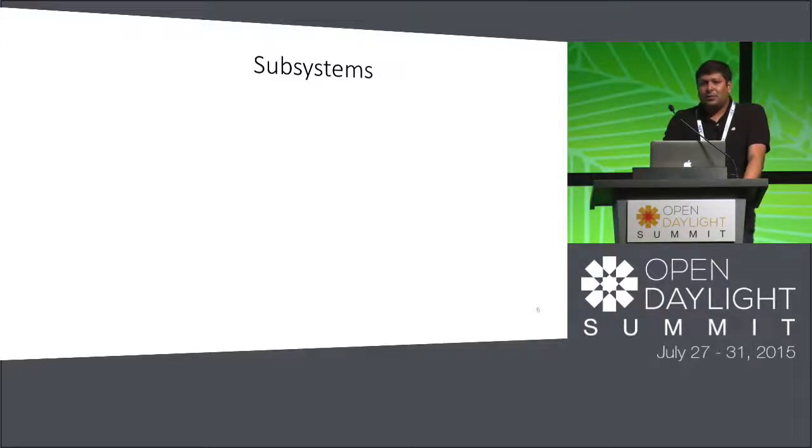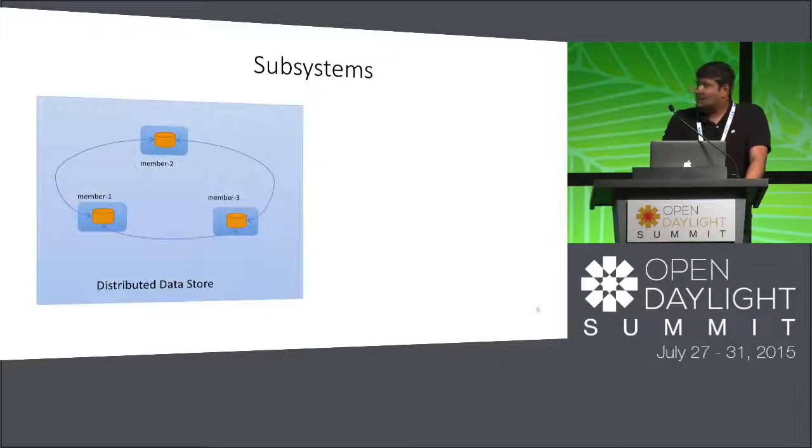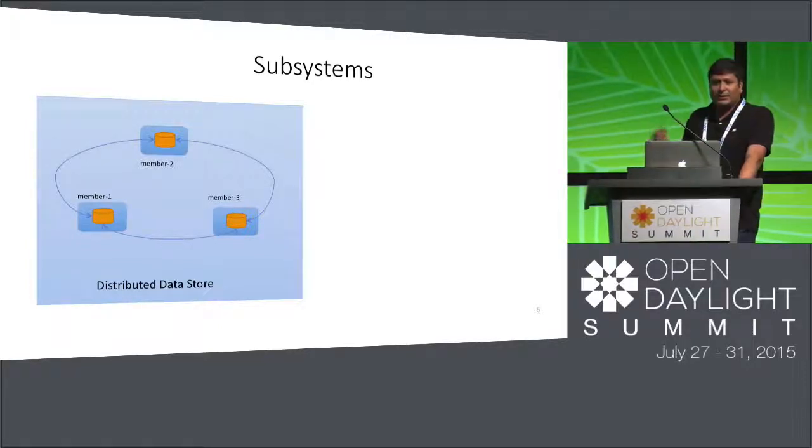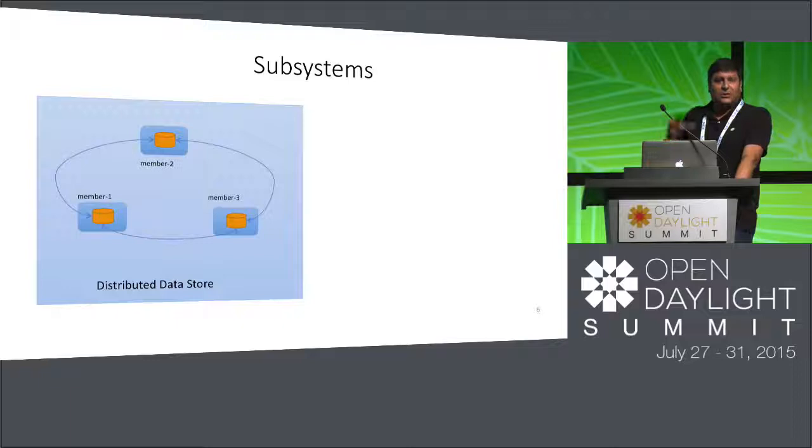We have implemented two things in our clustering implementation. The first one is the Datastore. The idea behind the Datastore implementation is that you allow for high availability and scalability, where you have various members talking to each other, distributing the data, and somehow that works with the same kind of API that we have for, let's say, the in-memory implementation.